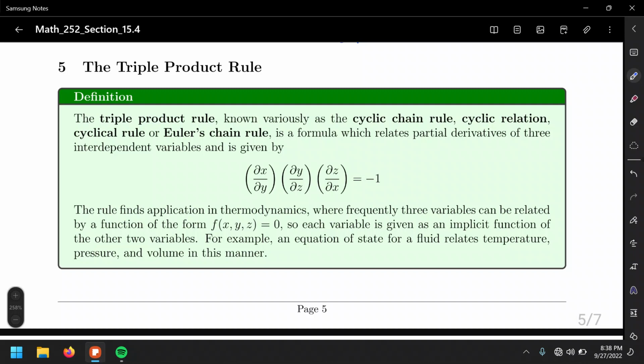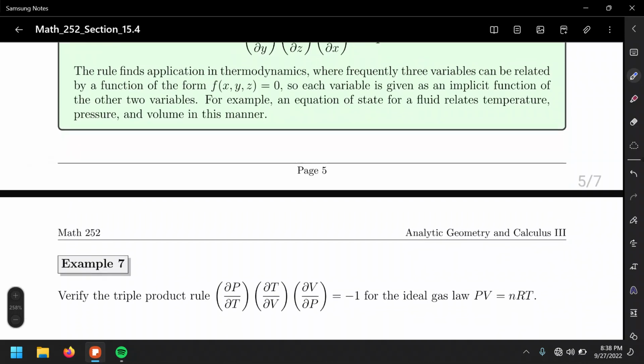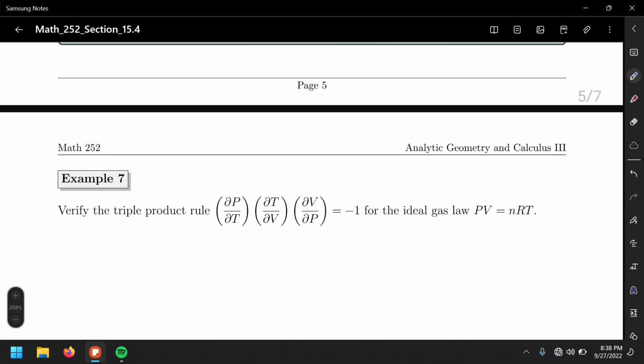We're going to use this in thermodynamics, in which we have systems of three variables: pressure, temperature, and volume. So we're going to verify this rule for the ideal gas law. We'll show that the partial of pressure with respect to temperature, times the partial of temperature with respect to volume, times the partial of volume with respect to pressure, equals -1.